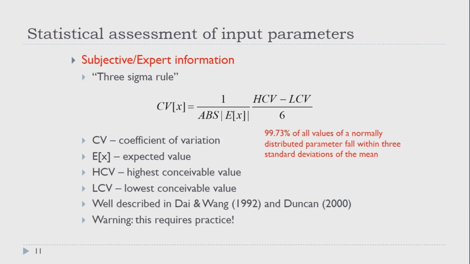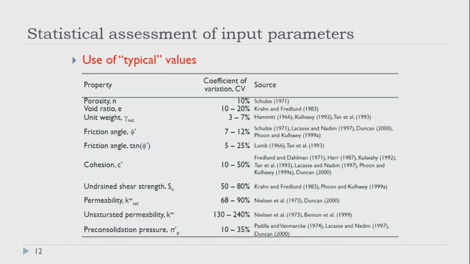The other option is to use typical values. This is based on the assumption that once you know the variability of a certain parameter of a certain soil, it's not going to change by much at another site. That's a huge assumption, of course, but I'd like to say that this is better than not doing probabilistic analysis. These are some reported values in the literature.